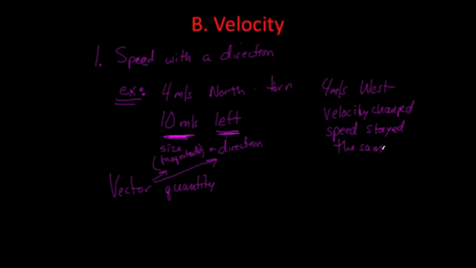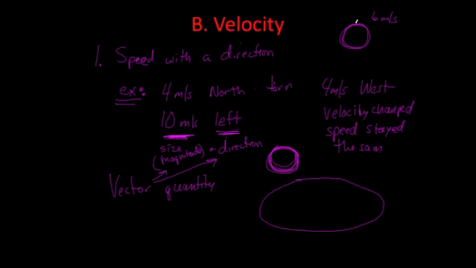If you were a NASCAR driver driving around the oval, or let's make it a circle, something that's moving in a circle is constantly changing velocity, even if its speed remains the same. Take an ice skater going in a circle. If their speed stays, let's say, 6 meters per second, but they're constantly turning, they're constantly changing their velocity, even though their speed remains constant.